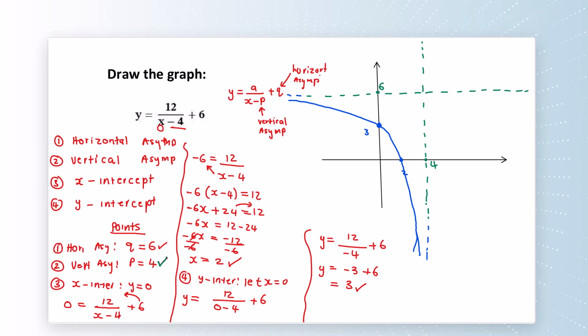You approach them as far as you can. Then, on the opposite quadrant, see here we have the first quadrant of the asymptotes, second, third, and fourth. So you are going to draw another curve on the opposite quadrant. So this is the opposite quadrant. You are going to draw another curve that is a mirror image of the first one.